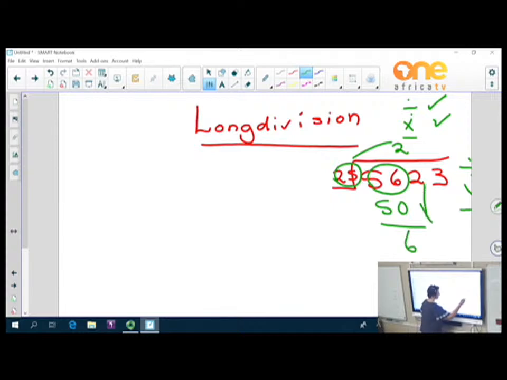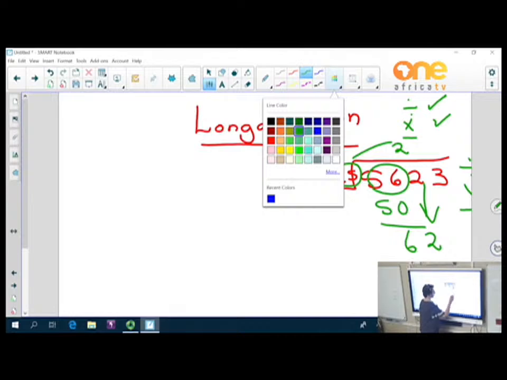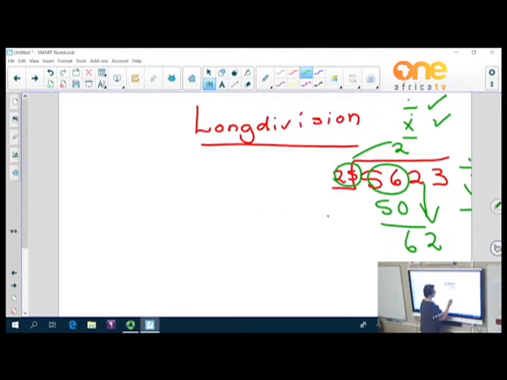Then in the next step, you brought this one down. And now we're going to do the same thing. How many times will 25 divide into 62? So it will still be 2 times. Multiply, then it is 50, and then we subtract. So that gives us 12. Now we bring down that next number, 3.